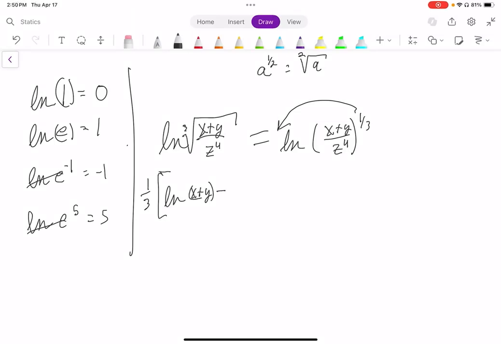Now we're going to have minus the natural log of z to the fourth. Expanding this further, this will be the 1/3 distributed to the natural log of x plus y minus, using our property of exponents, we can move this 4 to the front, 4 natural log of z.